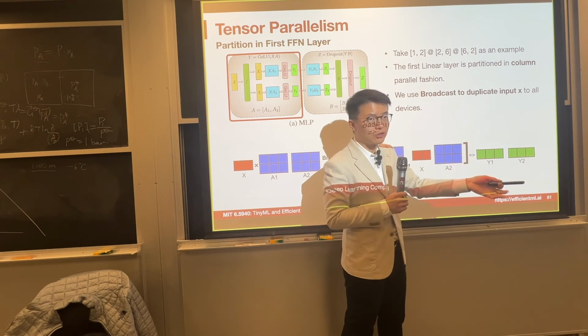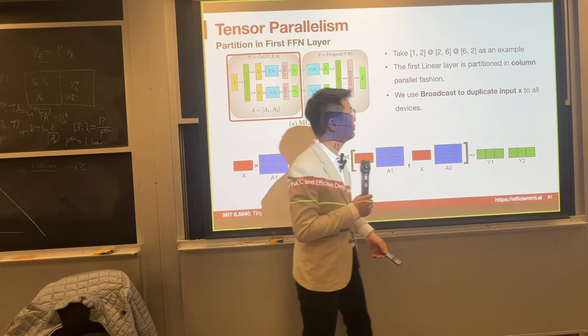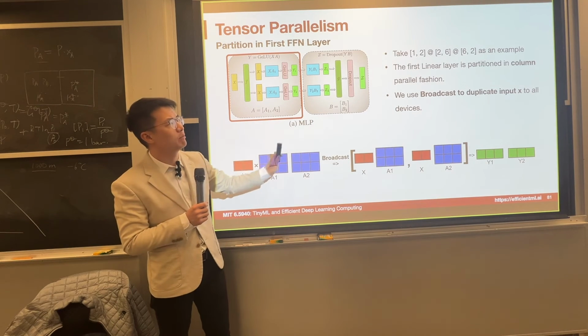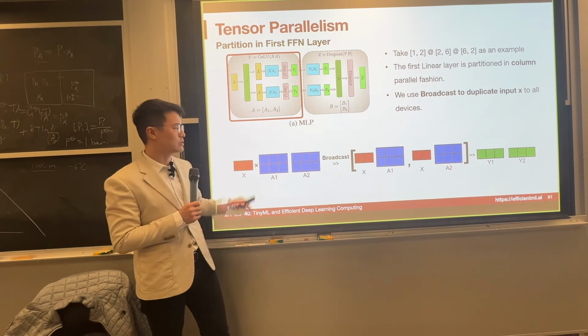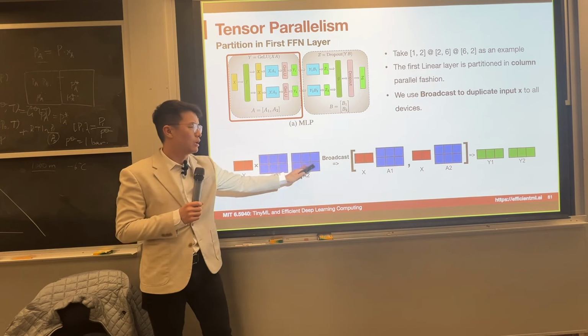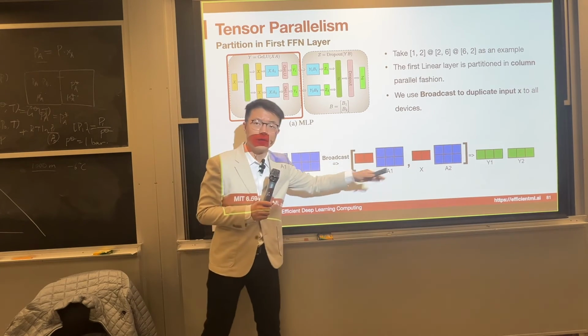Since this is a 2-layer neural network, the second layer's weight dimension is 6 by 2. The first layer is partitioned in the column fashion. Since it is column-wise, we don't have to do any reduce. We can calculate x times A1, x times A2 separately.